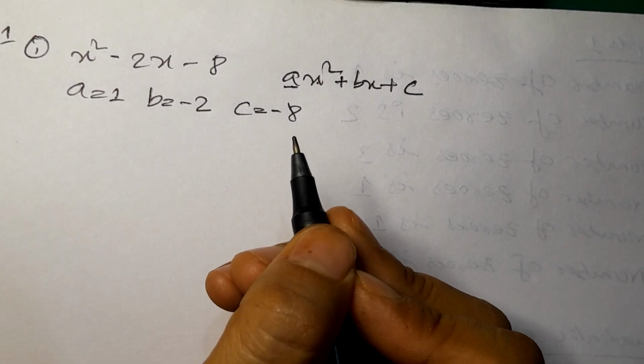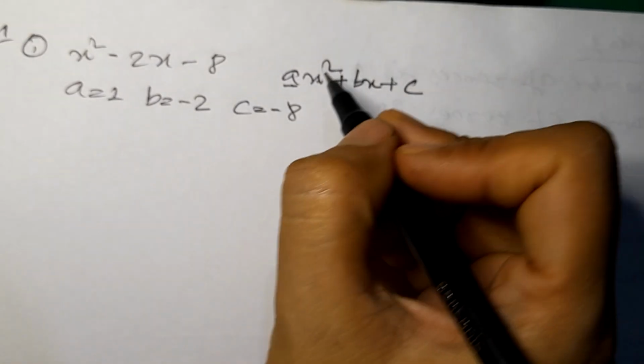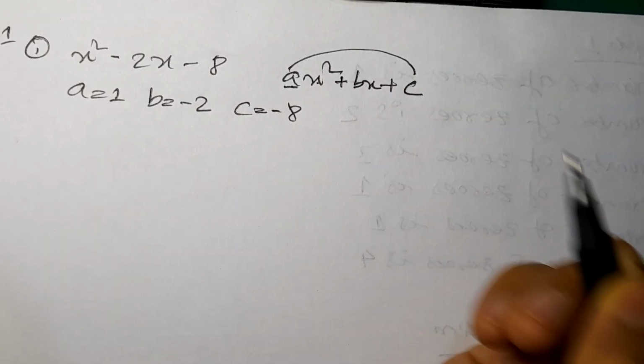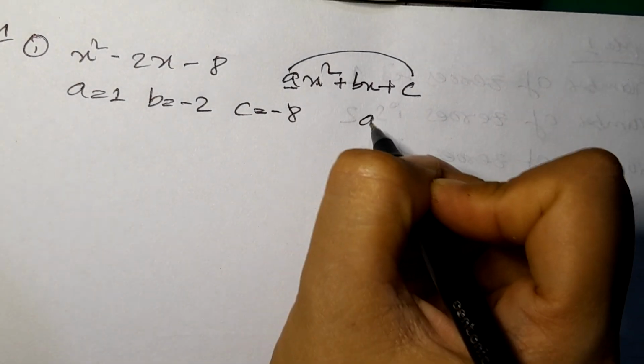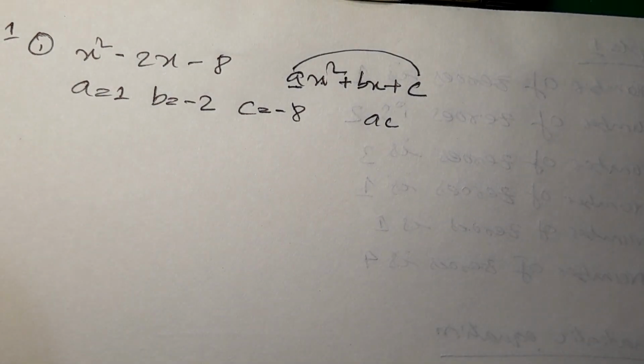First, for finding the middle term, how are you going to find it? Multiply a and c. After getting the result of ac, use the prime factorization.